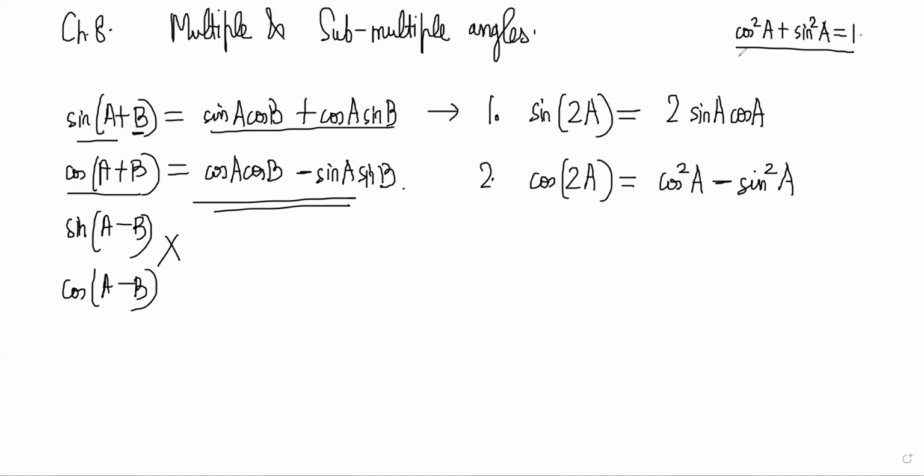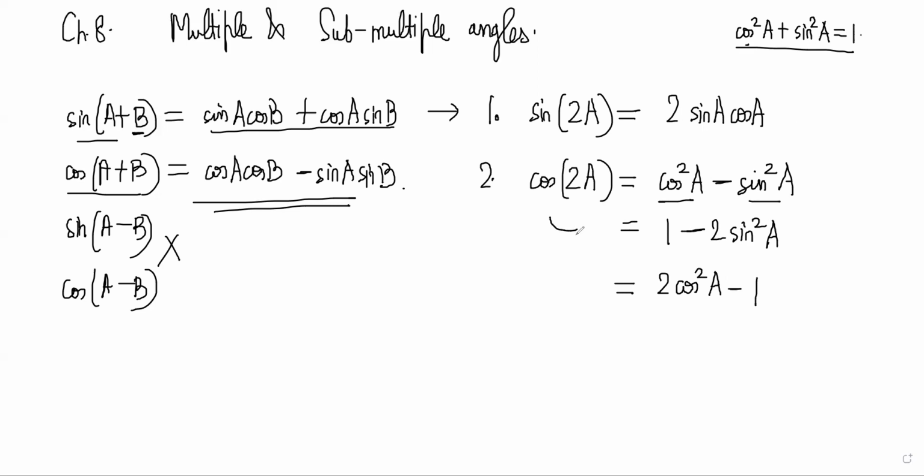So we can say cos square A is 1 minus sine square A, right? And if you replace cos square A here with 1 minus sine square A, it will become 1 minus 2 sine square A, right? Another version is if I replace sine square A with 1 minus cos square A. In that case, it will become 2 cos square A minus 1.